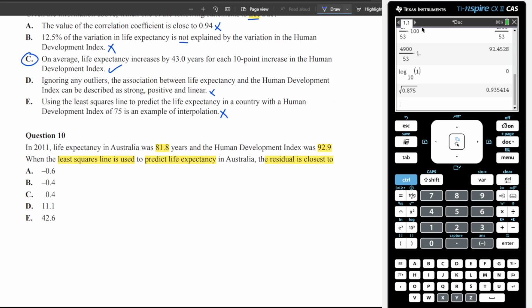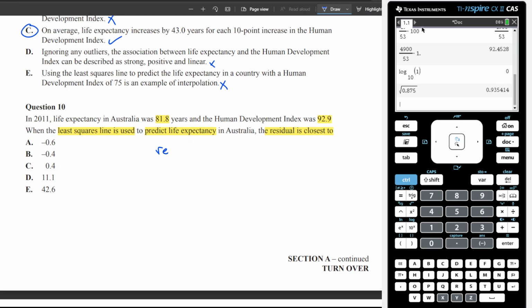So remember, residual is equal to the actual minus the predicted. The actual is 81.8, and the predicted is what we get when we put 92.9 into our equation.